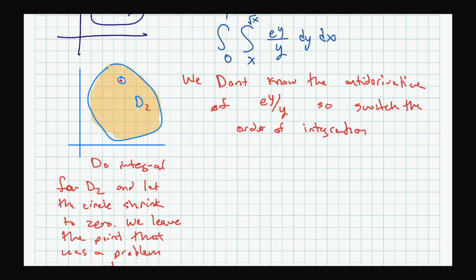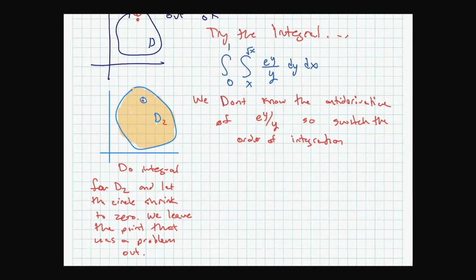So what's the region D? If we draw it, y was between 0 and 1. No, that was x actually. x is between 0 and 1. Okay. y is between x and square root x. So y equals x is a straight line like that.